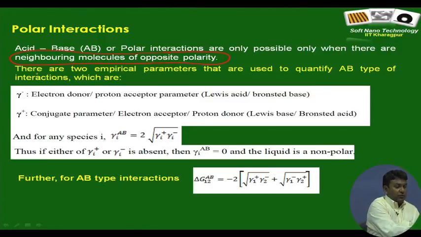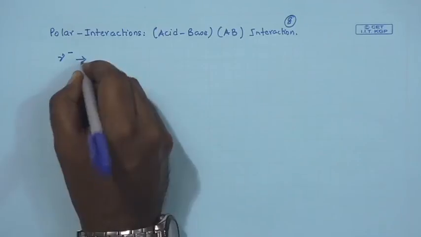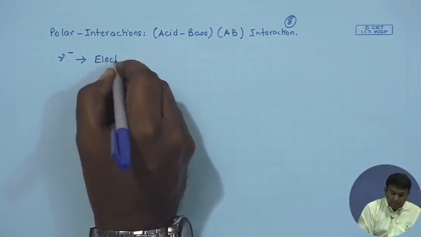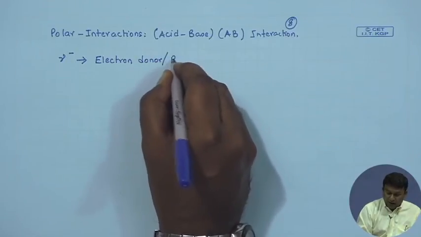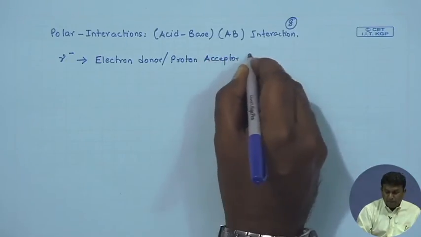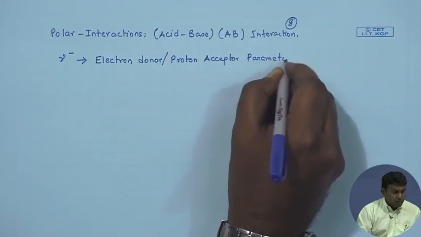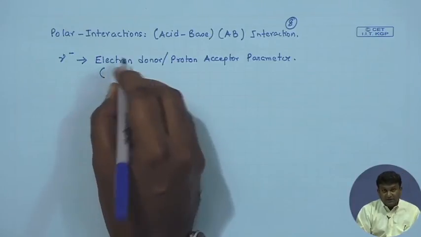Typically, to mathematically handle this, there are two empirical parameters that are used to quantify AB type interaction, which are gamma plus and gamma minus. This gamma minus essentially corresponds to the electron donor or proton acceptor parameter, if you can recall your high school knowledge about acids.